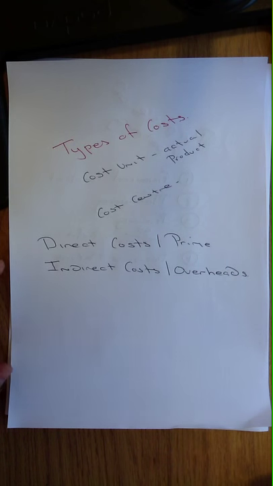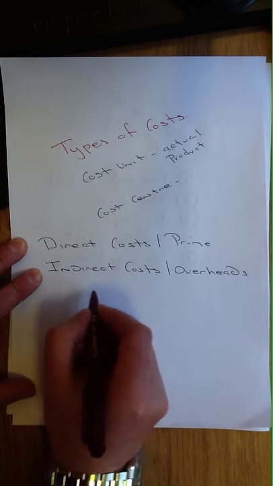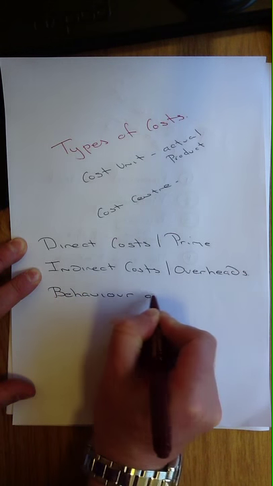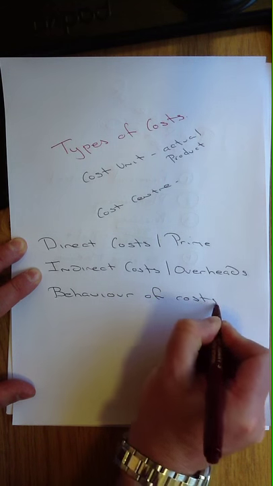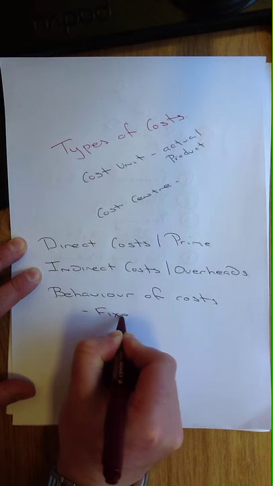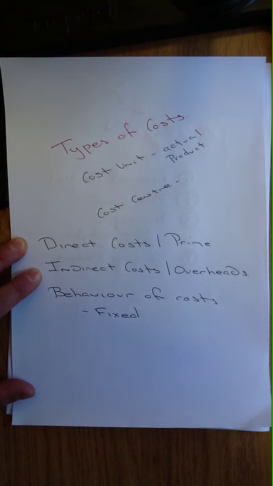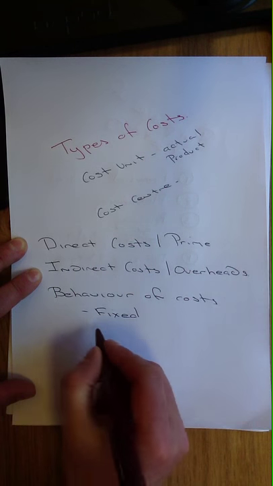Costs also have particular behaviours. Some costs are fixed costs. Fixed costs are those costs that don't vary with production. They remain the same. It doesn't matter how many products are produced, these costs are the same. For example, rent and rates.